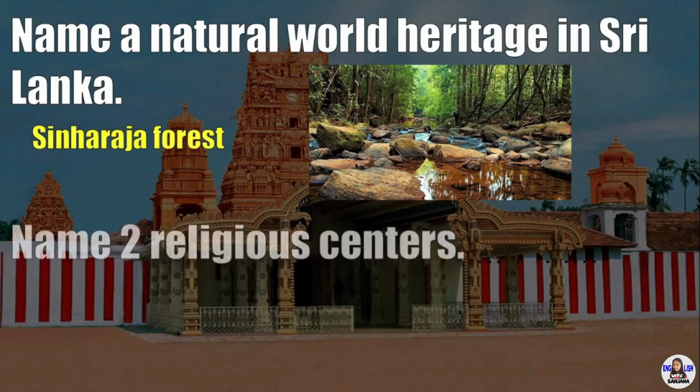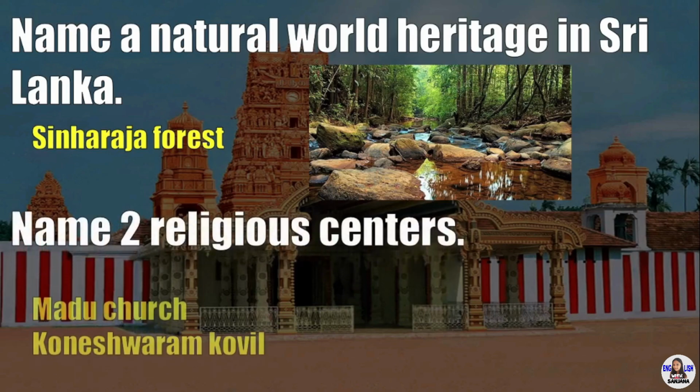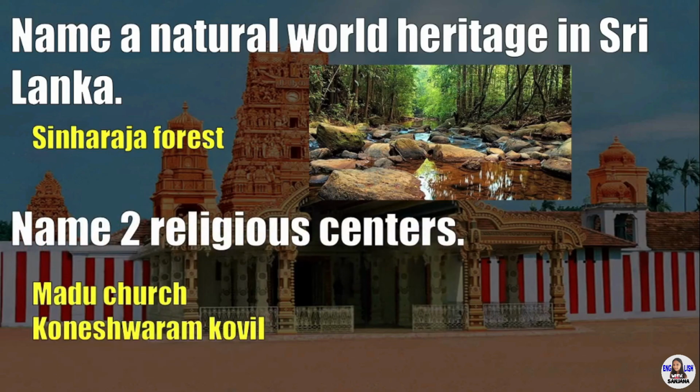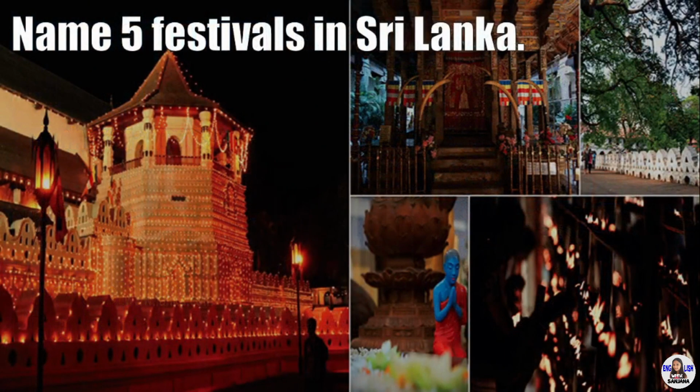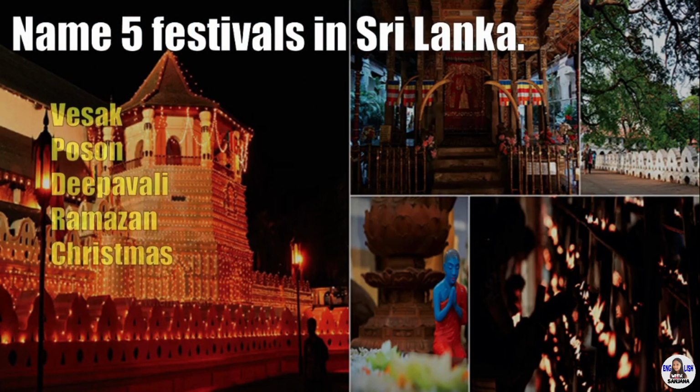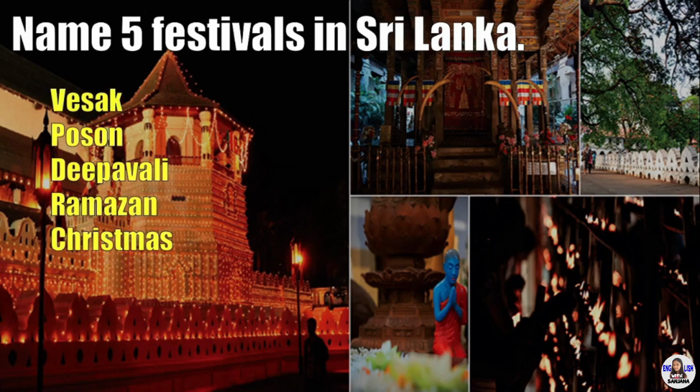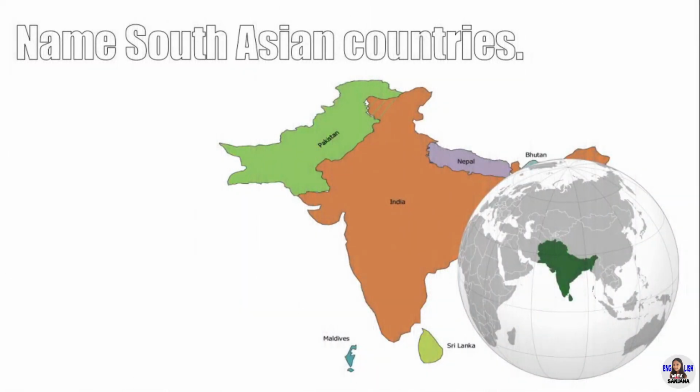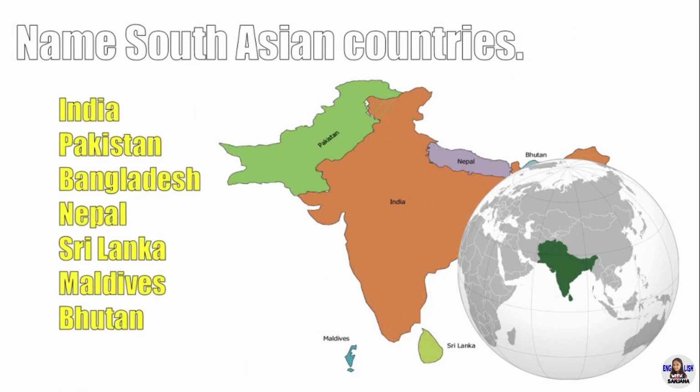Sinharaja Forest. Name two religious centers: Madhu Church and Koneshwaram Kovil. Name five festivals in Sri Lanka: Vesak, Vasan, Deepavali, Ramadan, and Christmas. Name some South Asian countries: India, Pakistan, Bangladesh, Nepal, Sri Lanka, Maldives, and Bhutan.